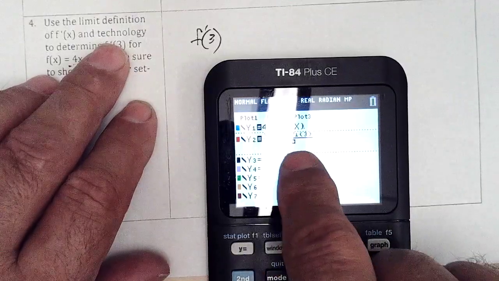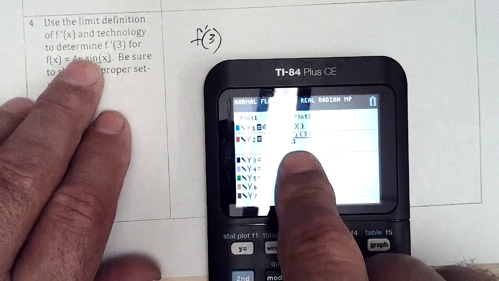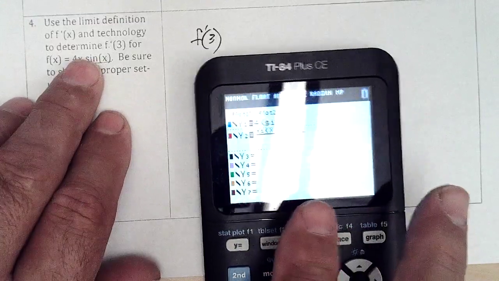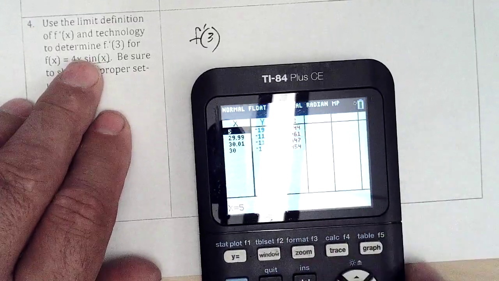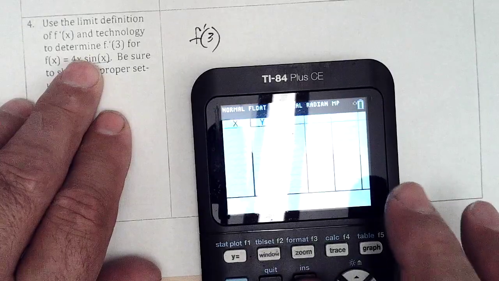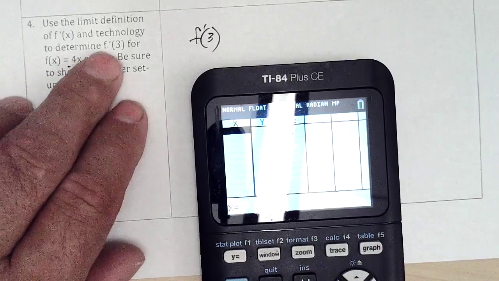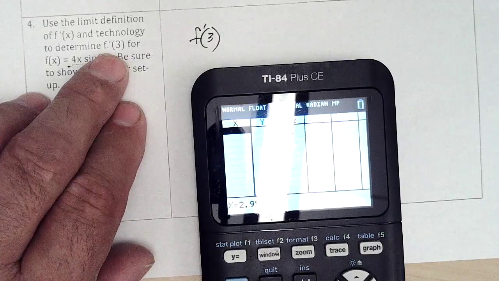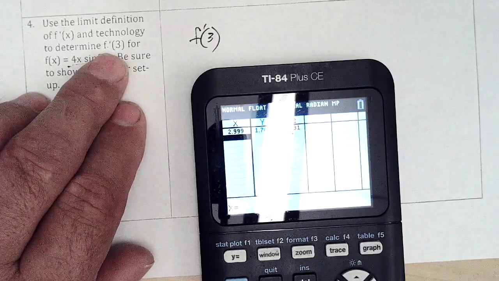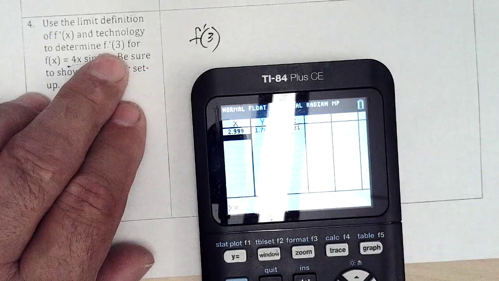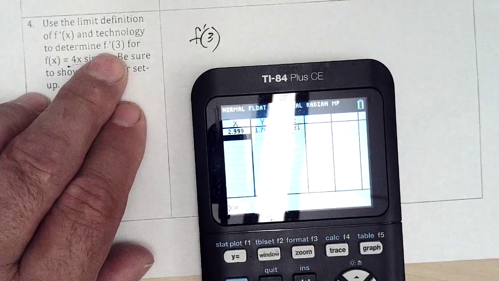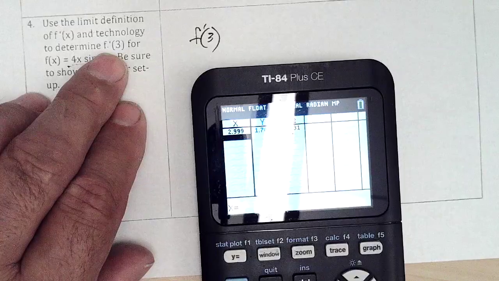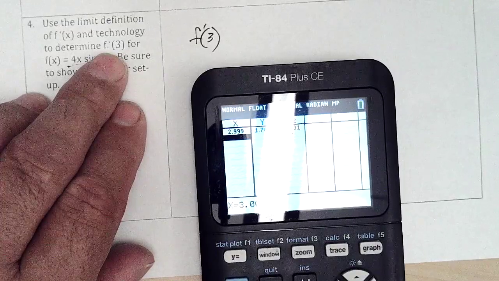So now I'm finding at 3, and I want to look close to 3. So I'm going to go to my table again and pick numbers close to 3. 2.999, that's close to 3, and I'm getting negative 11.31. Then I'm going to try just past 3, 3.001.